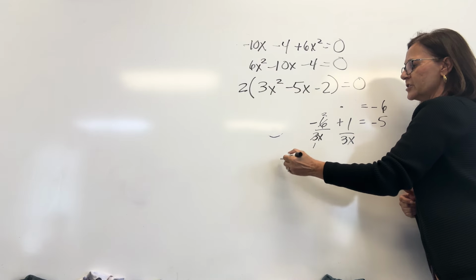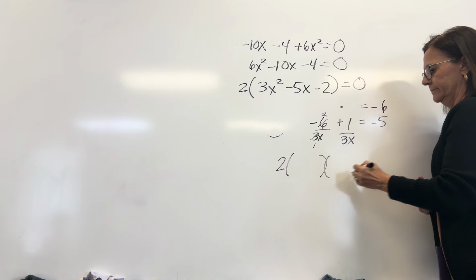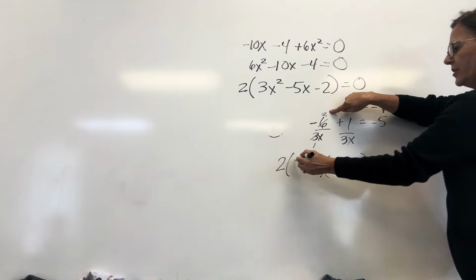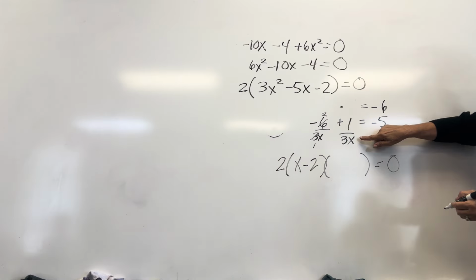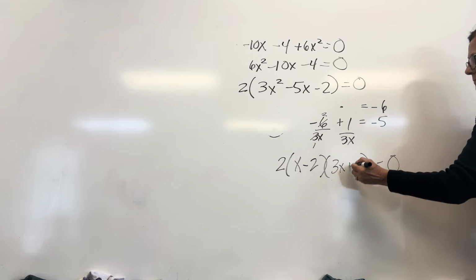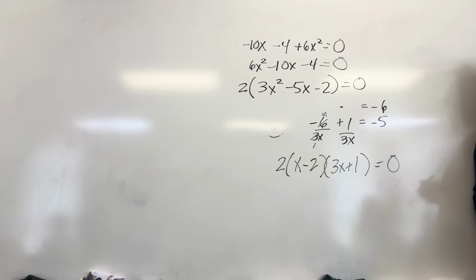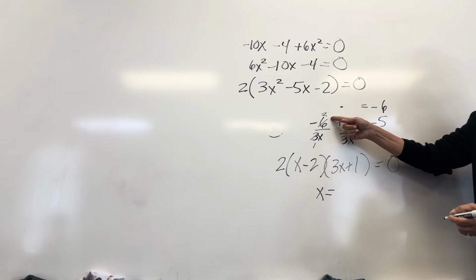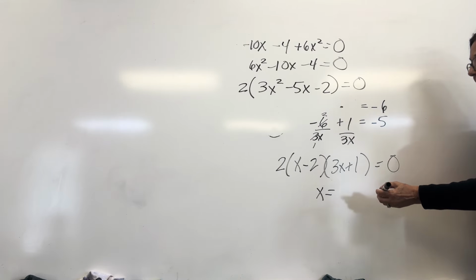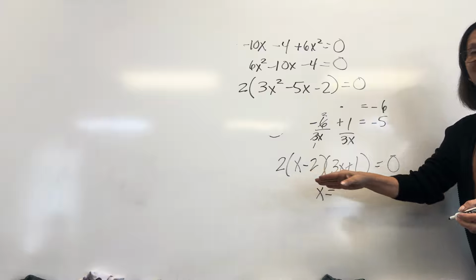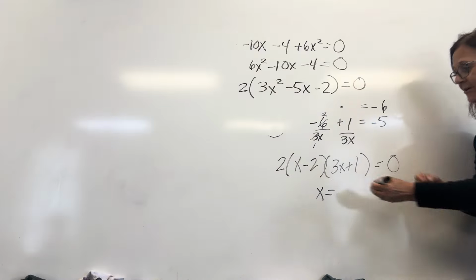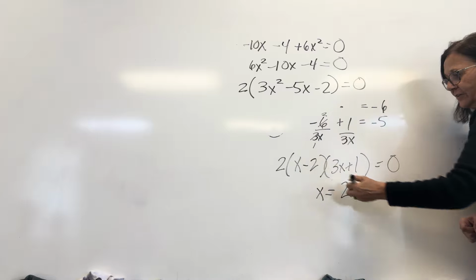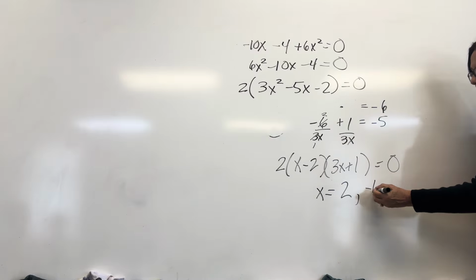I'm still going to keep my 2 on the outside. But it's x minus 2 times 3x plus 1. And what are my answers? X equals positive 2 from this factor, and negative 1/3.